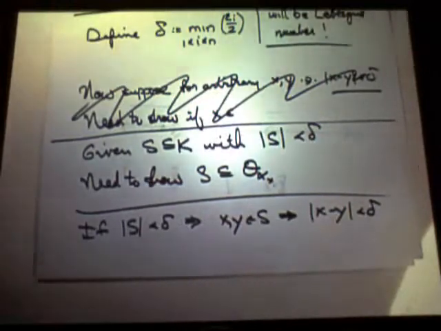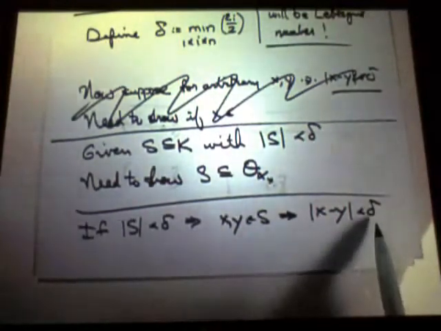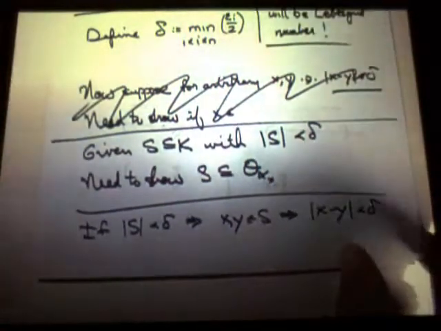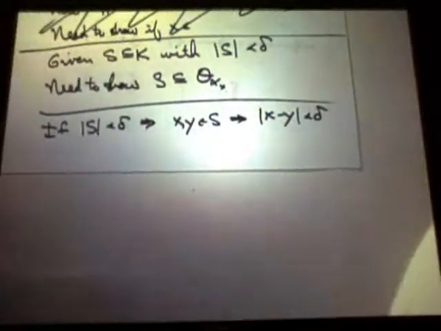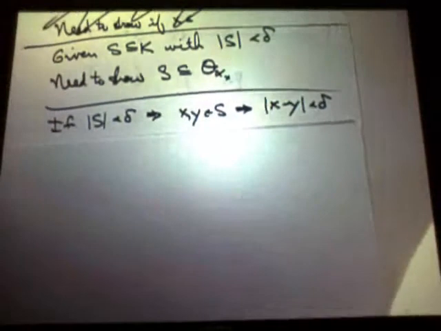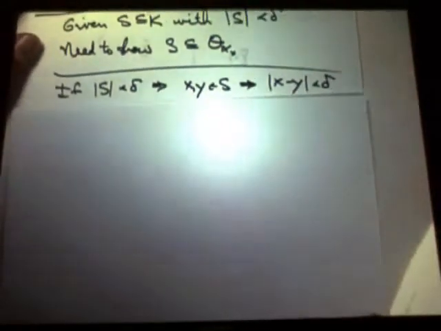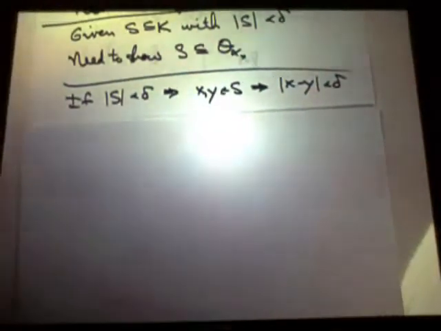So if x and y are in it, they are not separated by more than delta. So what we have to do is show that S is wholly within one of the cover sets. Now, we're almost there.